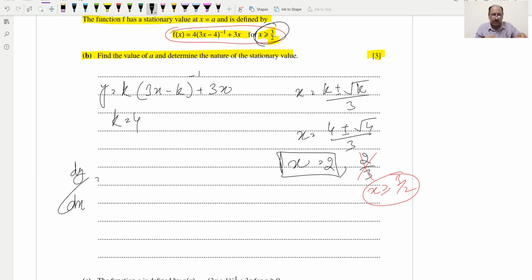dy by dx we already have, or we can take the derivative.